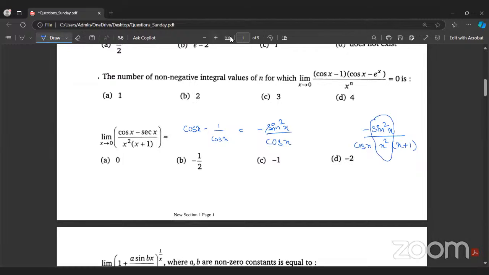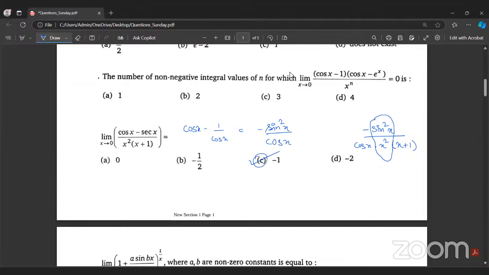One. So if it goes to 1, is it an indeterminate form? No, sir. It is not, right? I can just directly put in my values. So if I put in my value x as 0, cos x is 1, x plus 1 is also 1. So minus 1 is my final answer.